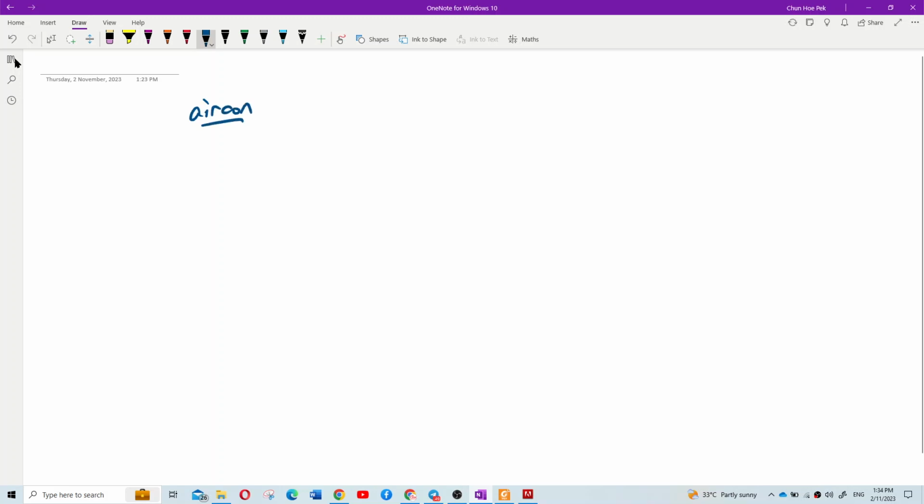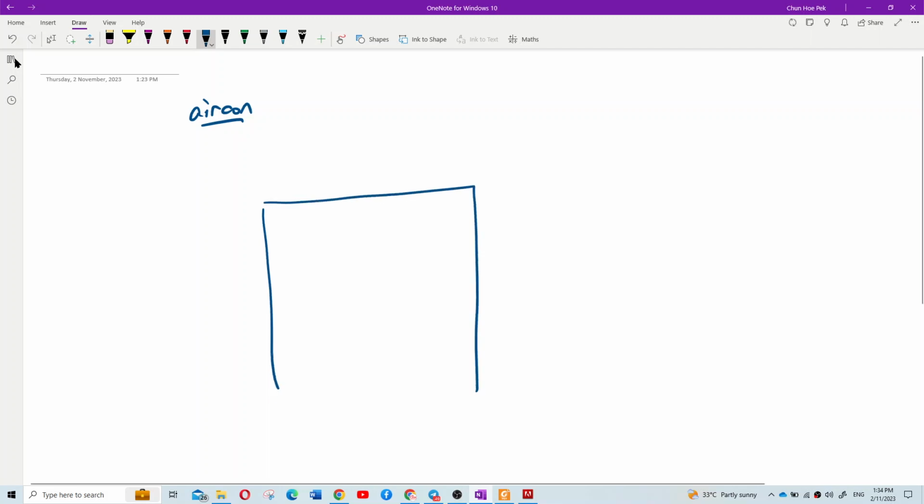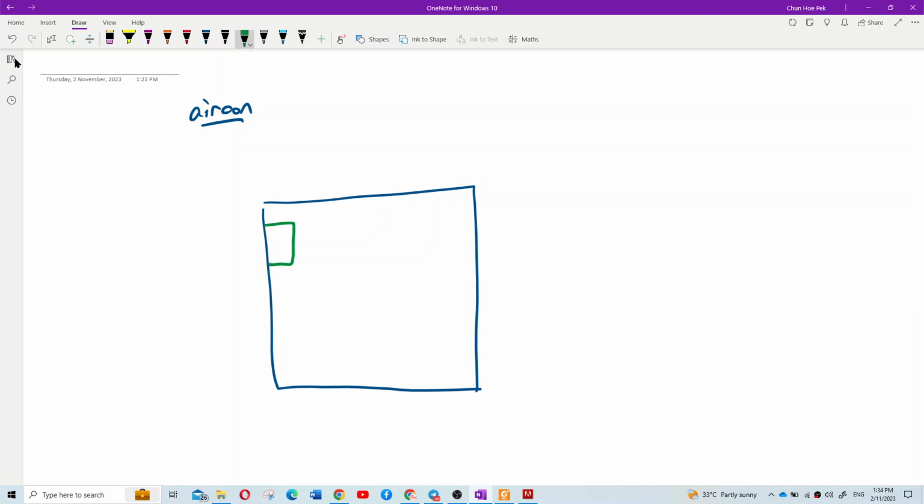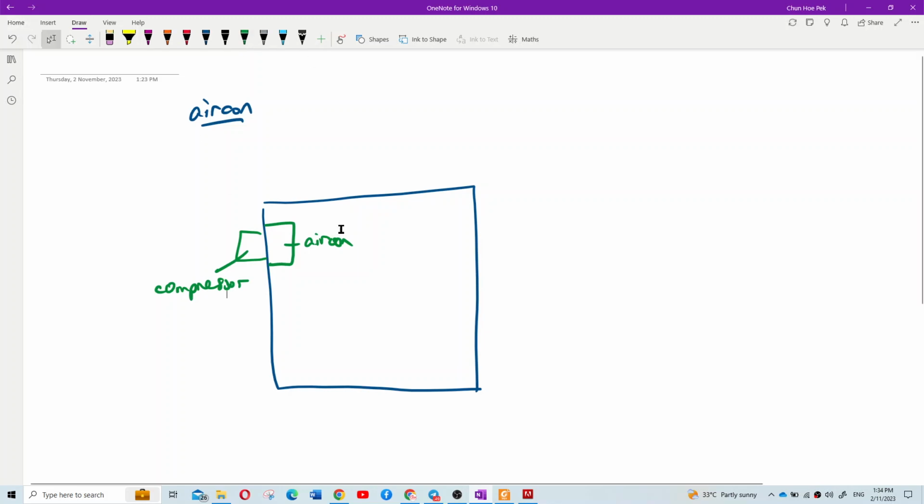This is the room, and this is my aircon over here. Outside there is a compressor, isn't it, class? The compressor changes the pressure of the gas.